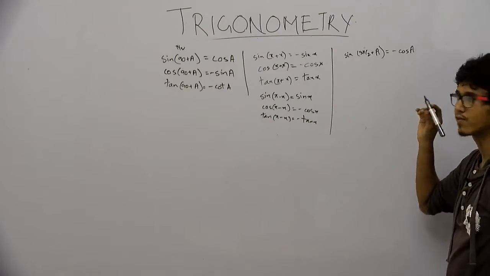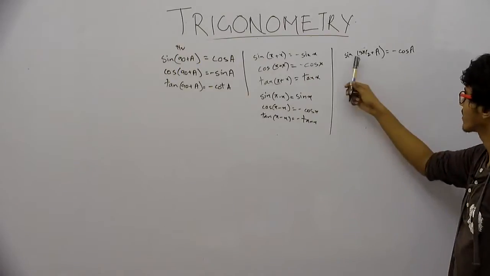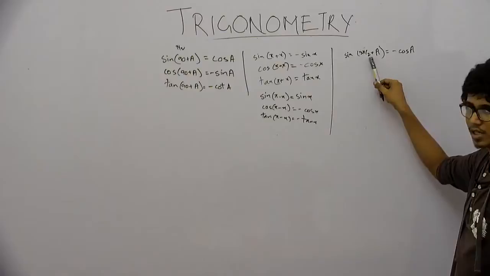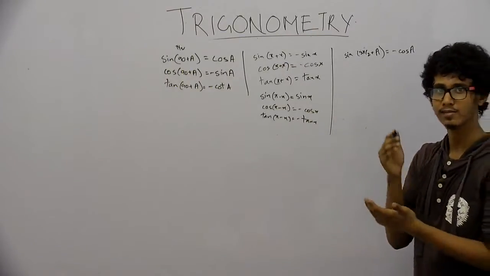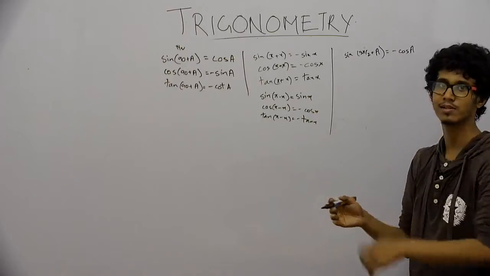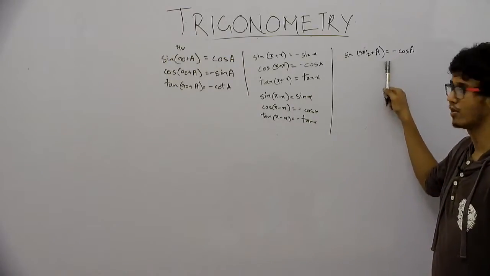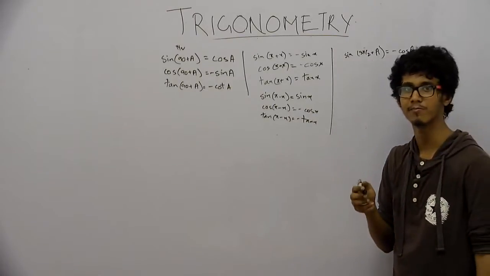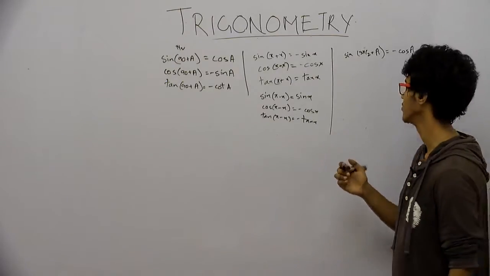I know it can be confusing because cos is positive in the fourth quadrant, but always look at the LHS. Since sine is being assigned to 270 plus an angle, in the fourth quadrant, and sine in the fourth quadrant is negative, the RHS also has to be negative. A is obviously an angle between 0 and 90 degrees, 0 and pi by 2, so all its trigonometric ratios are always positive.